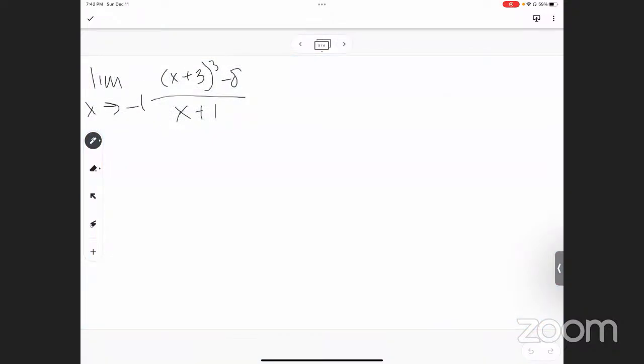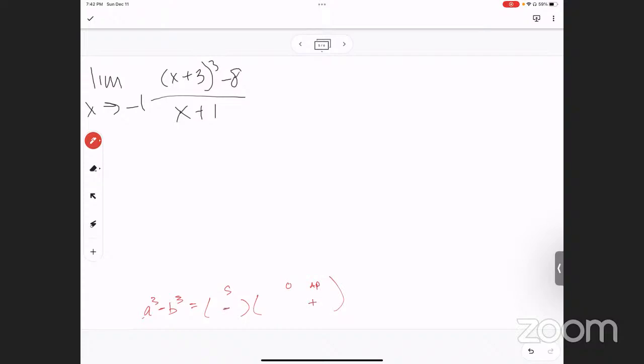Got it? So for this limit, you would factor this, and notice how this is a difference of cubes. Do you remember the SOAP factor trick? If I have a cubed minus b cubed. Do you remember? No. Maybe you didn't learn it. It's the same sign, the opposite sign, and always a positive sign.